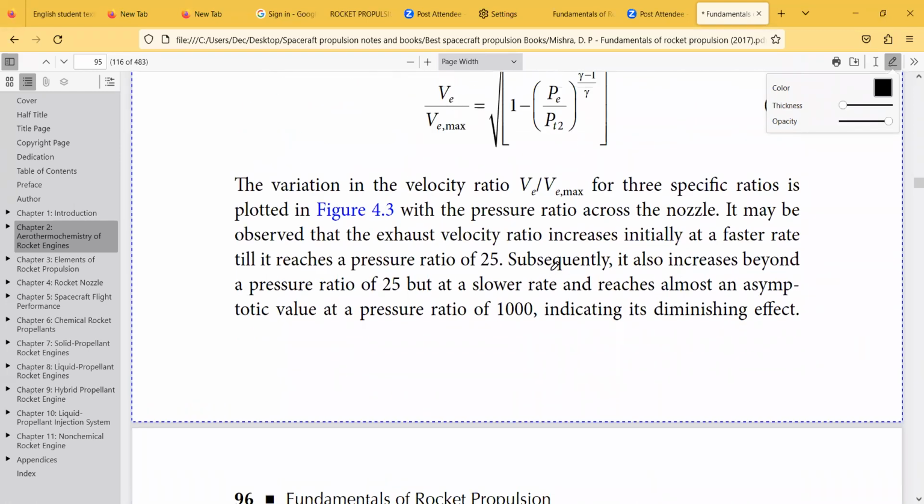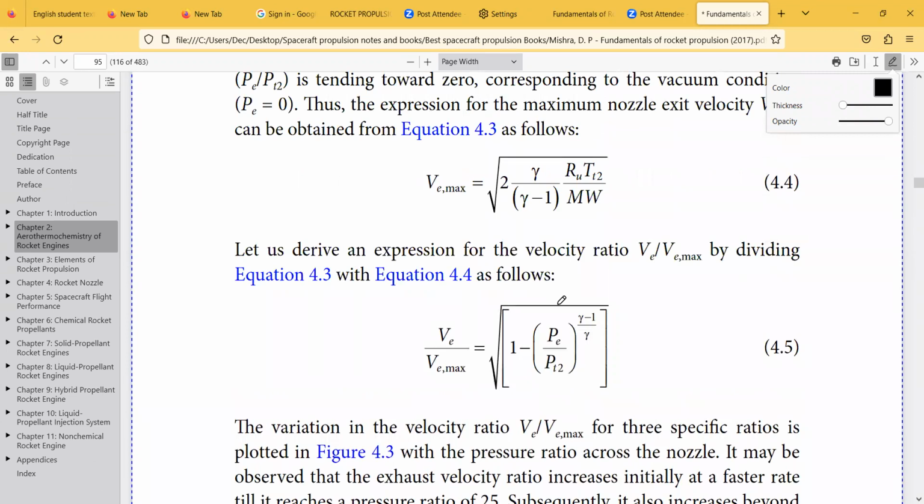And if we want to see the V exit over V exit maximum ratio, then we have this relation. V_E max is this component only. So the relation gives us the square root of 1 minus P_E over P_T to the power of gamma minus 1 over gamma.